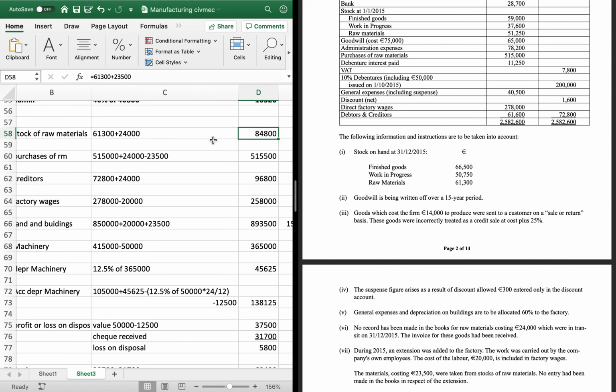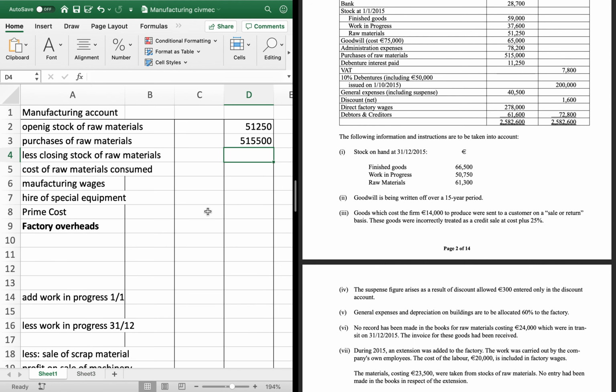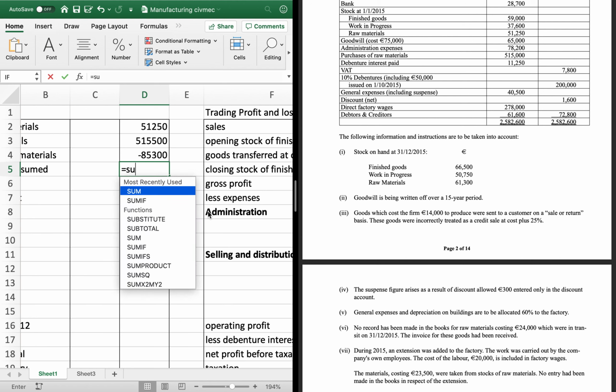So that's 85.3. Sorry, but I changed that earlier. I changed the wrong figure, so there might be a mistake somewhere else. So minus 85.3. And that gives you your 481,450.